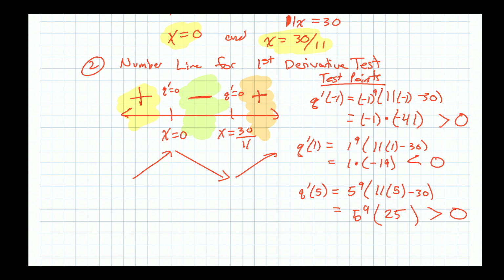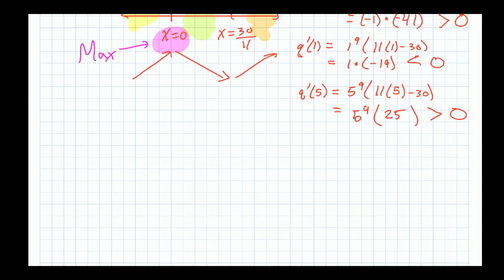Maximum's the top of a hill, right? So this one must be the maximum, right? Next. So we're going to interpret our number line.